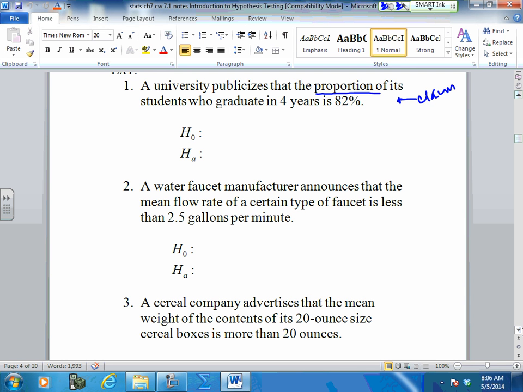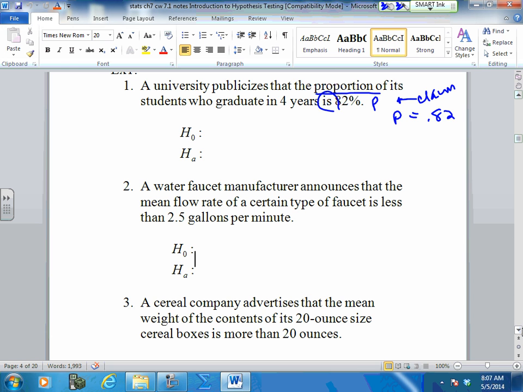P. P hat's my sample. Population proportion is P. So a university publicizes that the proportion of its students who graduate in 4 years is 82%. How do I write that statement as a mathematical statement? P equals 82%, 0.82.